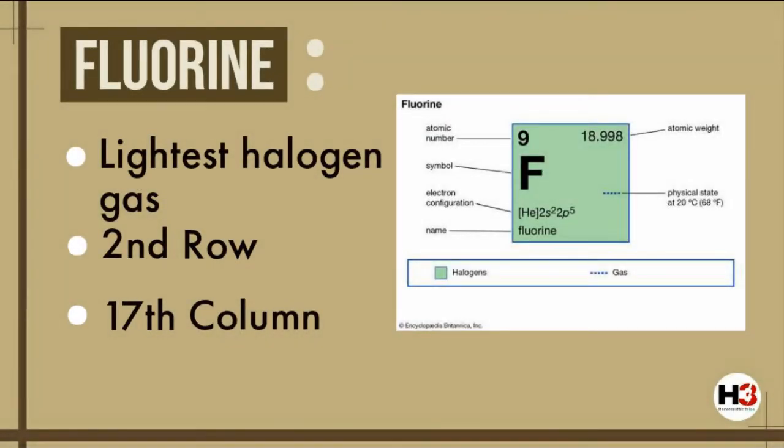To understand this remedy in detail, we must also have some information about the element fluorine. Fluorine is the lightest halogen and belongs to row 2 and column 17 of the periodic table. Fluorine as a gas is very light and has a tendency to float over the top.